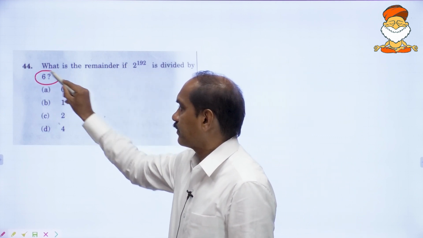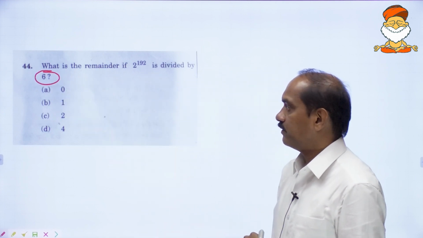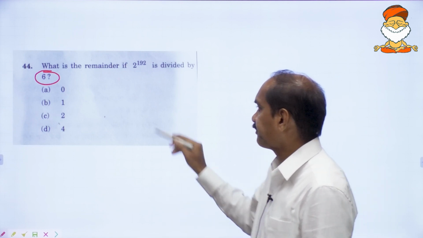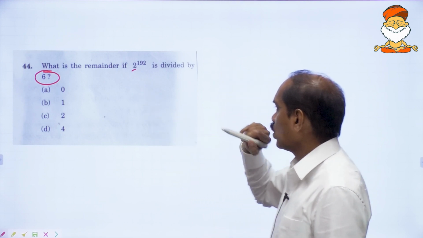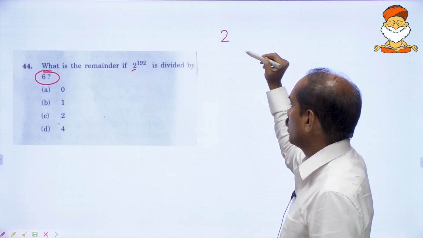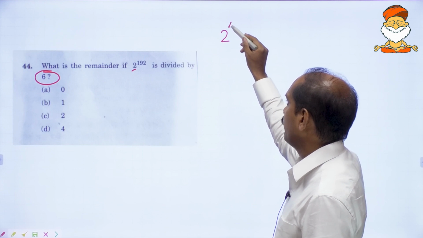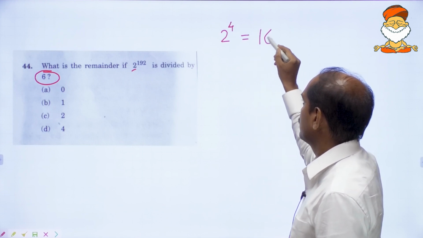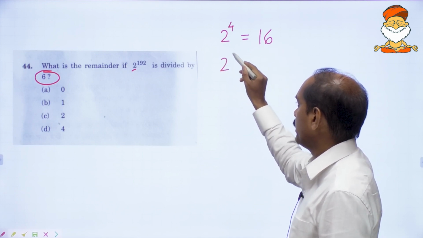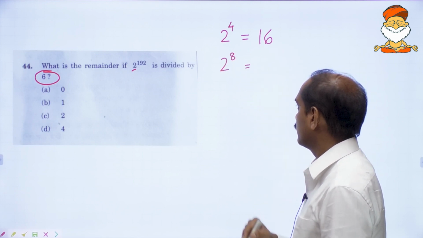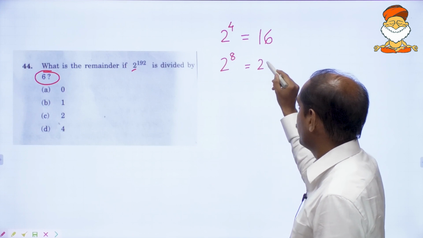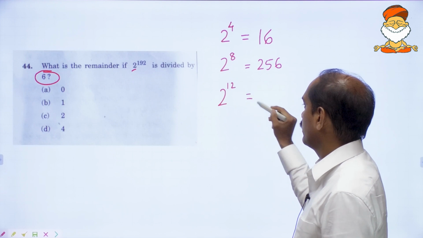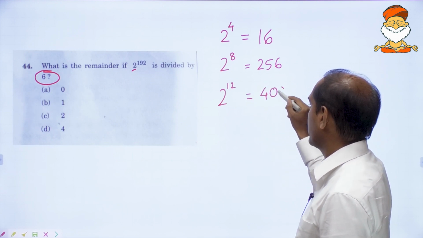See, we are concerned with the remainder when you divide the number by 6. 2 to the power 4, how much will you get? 16. 2 to the power 8 is 256. 2 to the power 12 is 4096.